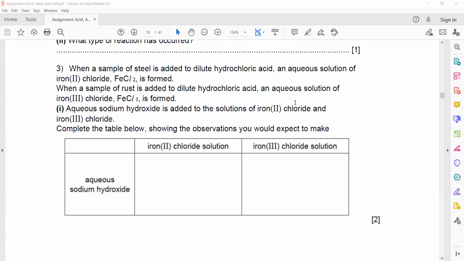With iron 2 you will observe a dirty green precipitate, because sodium hydroxide with iron 2 forms a dirty green precipitate.